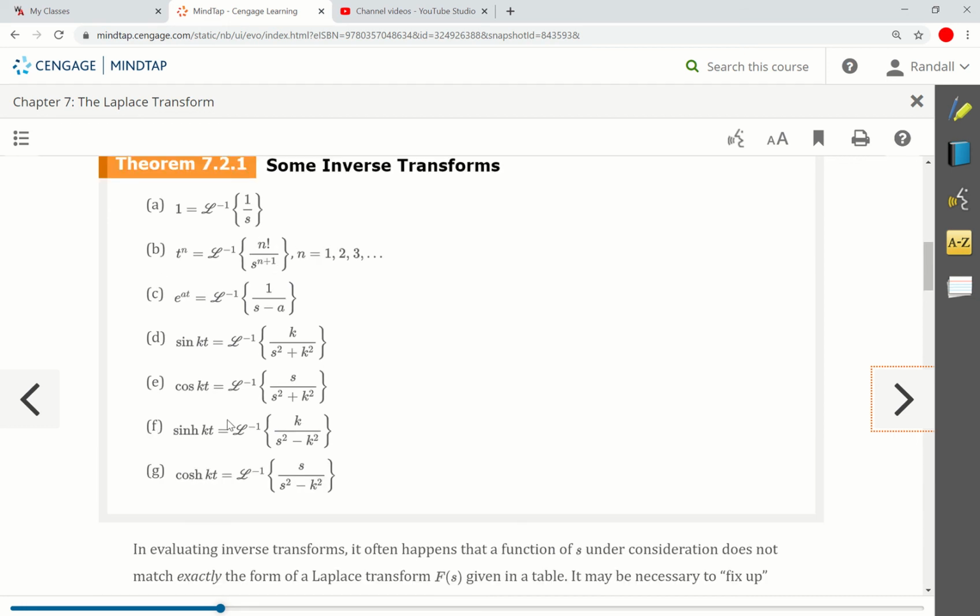A lot of times you'll be given a function capital F of s that might not perfectly match up with these forms, but one of the things we can always do algebraically is multiply and divide by the same constant, and oftentimes you're going to have to do that in order to perfectly fit some of these inverse Laplace transform rules we see in this theorem.